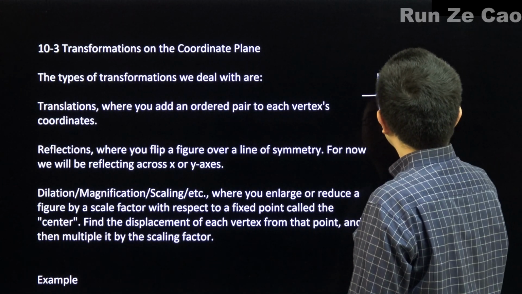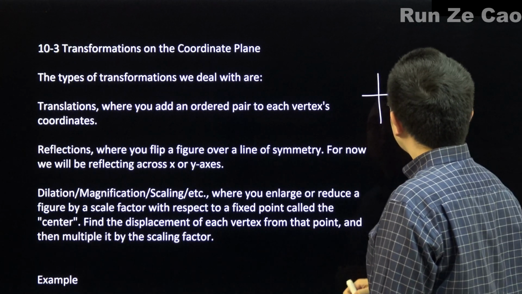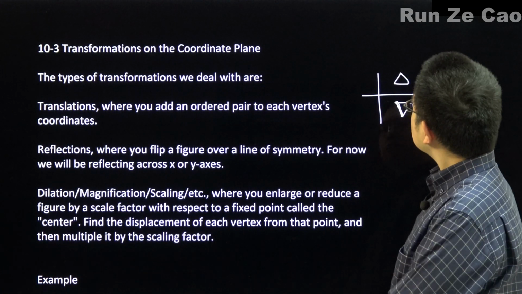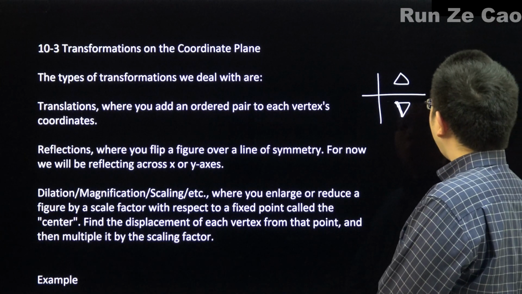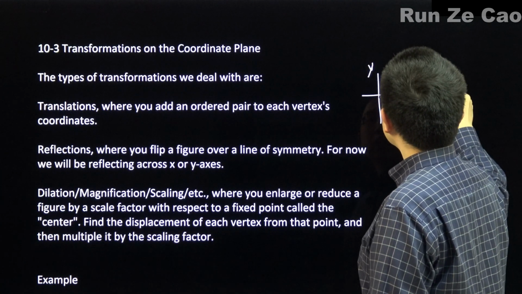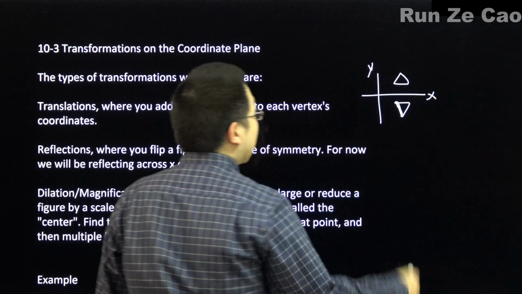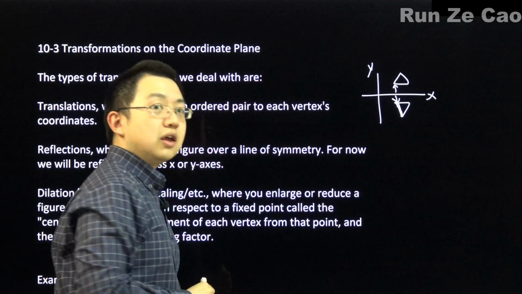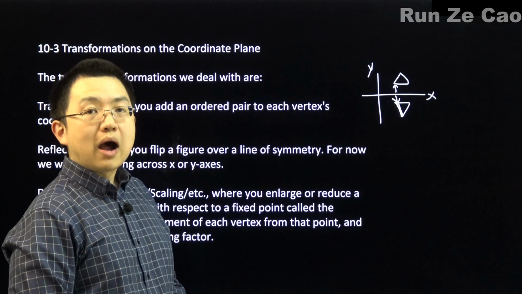Well, we take all the vertices coordinates, and does it move horizontally? No. So, only the vertical coordinate, so the y coordinate, will change if we're flipping across the x-axis. Specifically, it becomes exactly the same amount, but in the opposite direction. So in other words, you flip the signs of each y coordinate.